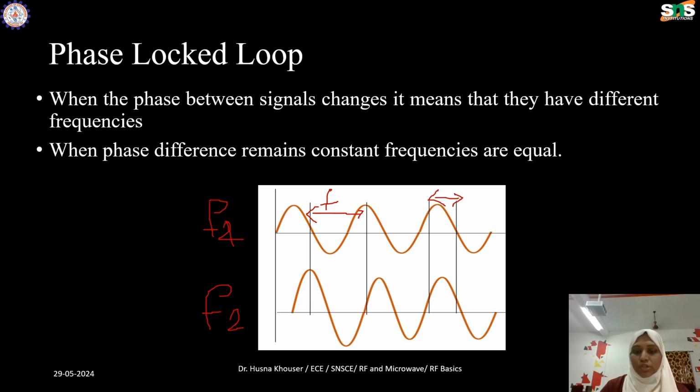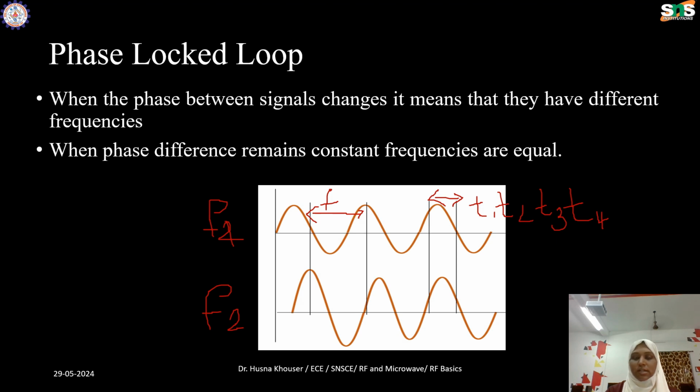We have to check the signals with respect to time, at time intervals. When the phase remains constant, the frequencies are the same. When the phase keeps changing with respect to time, then we have different frequencies.